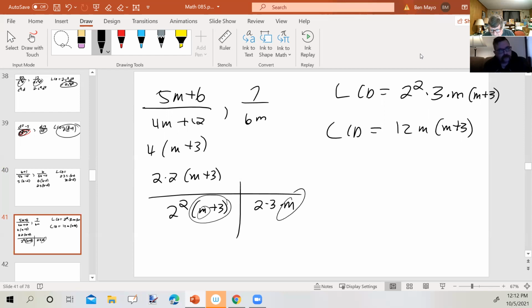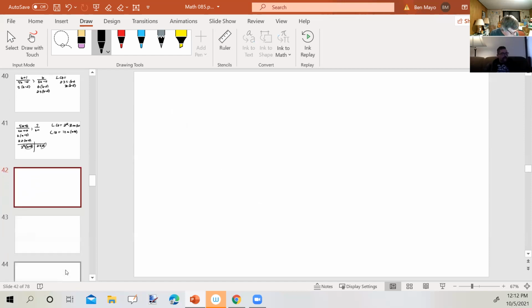Question there. Okay. Now, the next set of directions are perhaps a little confusing, so let me clarify them. It says, build each rational expression into an equivalent expression with the given denominator.